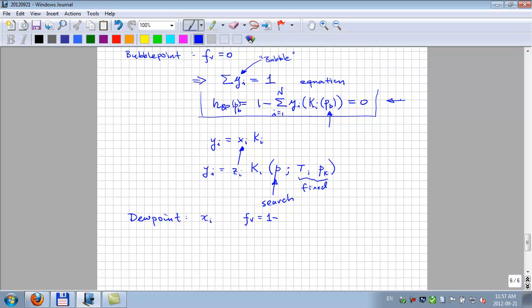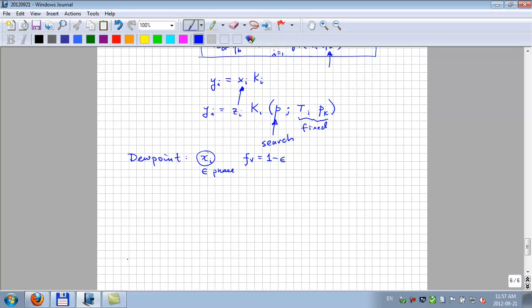It's actually 1 minus epsilon, but it's 1. This is the epsilon phase. It's just a drop of liquid. And we're looking for this composition, and what we know is that composition, the mole fractions, should equal to 1. We don't know what they are, but they should equal to 1.